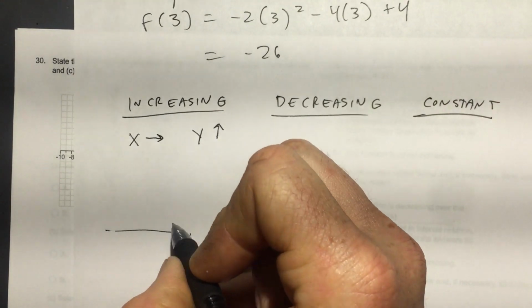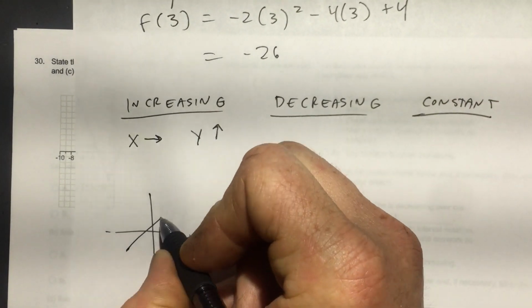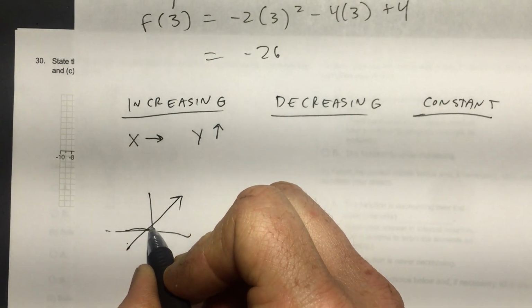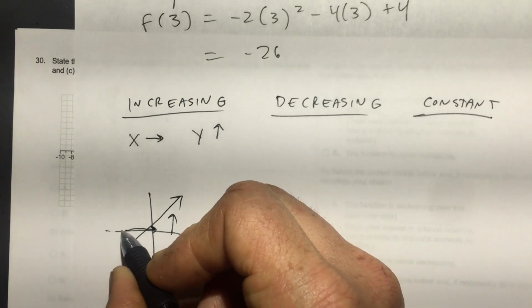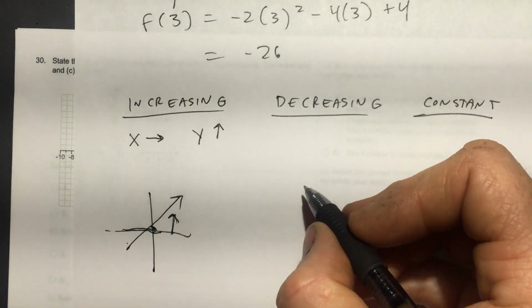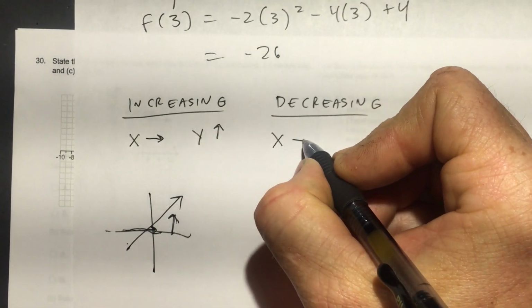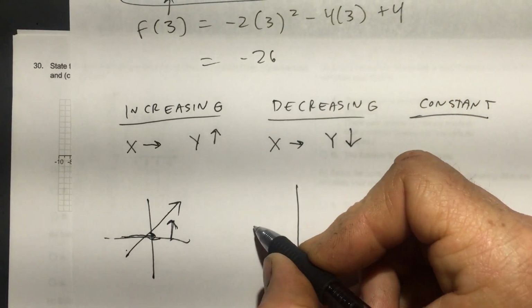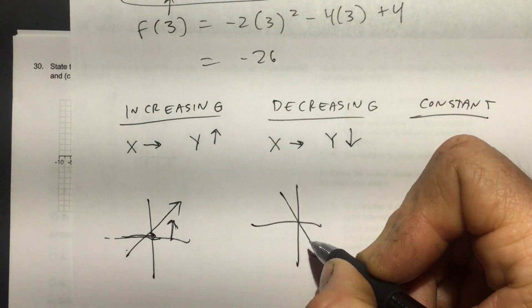That means if you look at a graph, it's real simple to look at. It does something like this. As x gets bigger, y gets bigger. So as you go over from left to right, it goes uphill. Decreasing: as x increases, y decreases. So as you look at a graph, it looks like this.